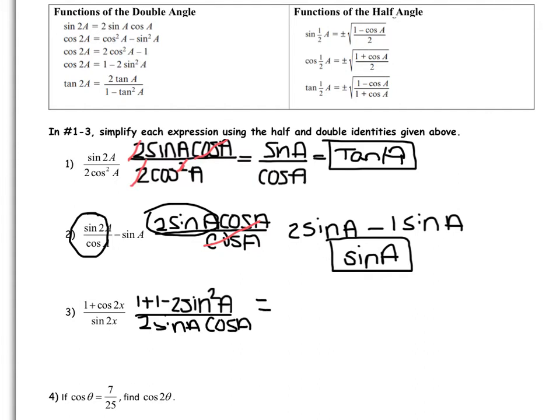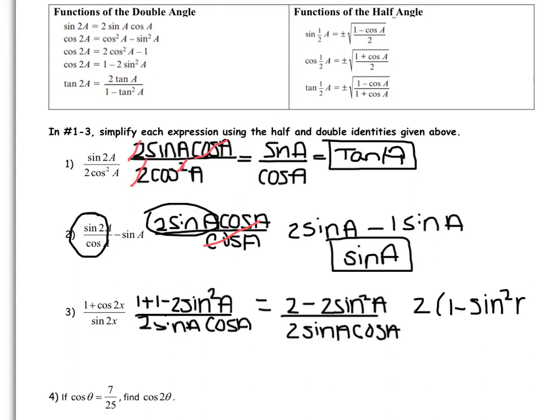So the top is 2 minus 2 sine squared a. The bottom is 2 sine a cos a. And I see on top that I could divide everything by 2. So let's take out a GCF of 2. What am I left with? 1 minus sine squared a. In the bottom, I have 2 sine a cos a.